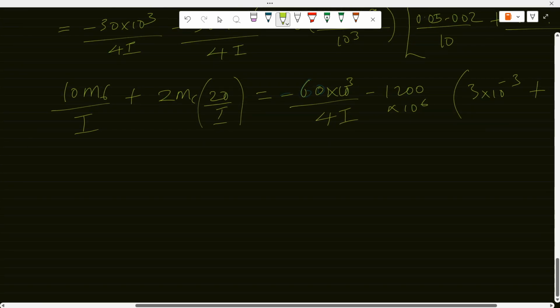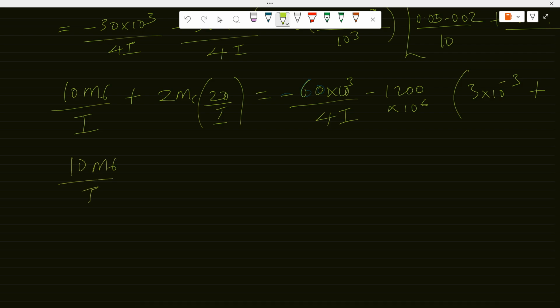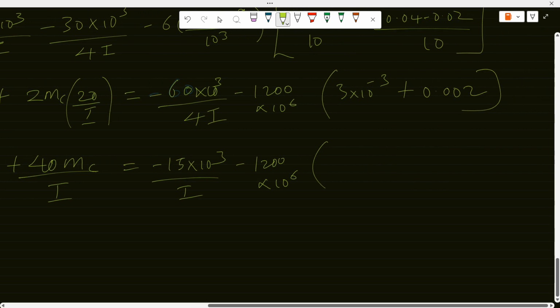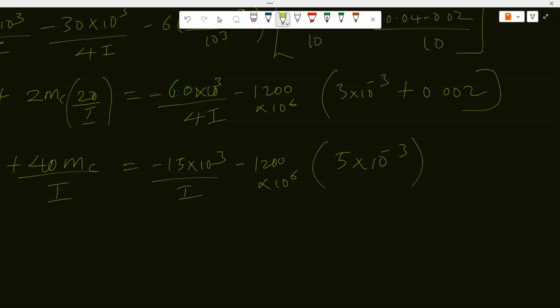We have 10 MB over I plus 40 MC over I equals minus 15 times 10 raised to power 3 over I minus 1200 times 10 raised to power 6. Combine the two terms, we have 5 times 10 raised to power minus 3.